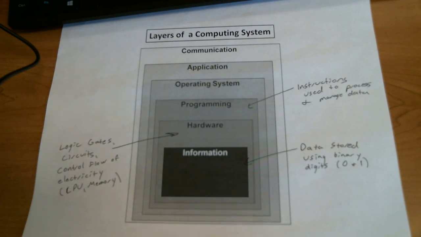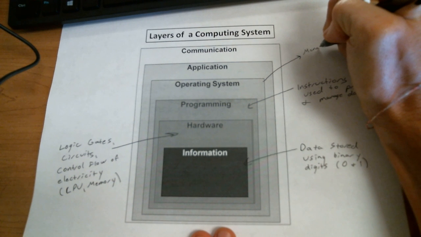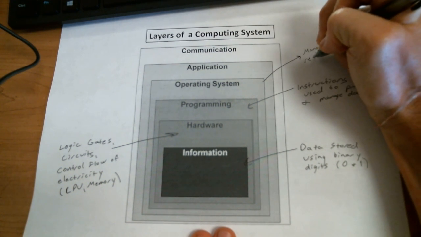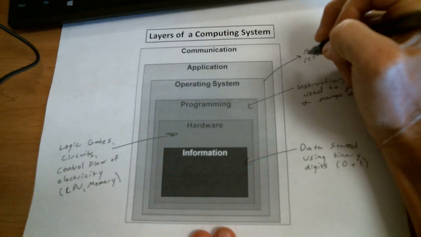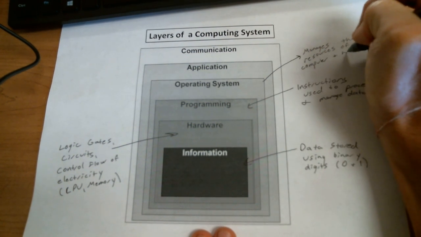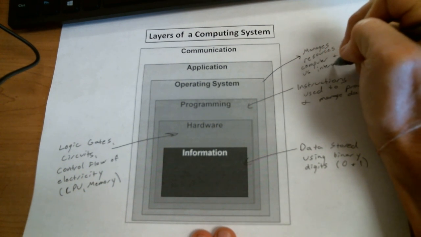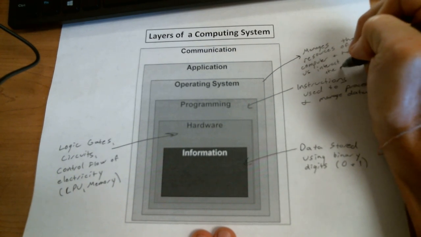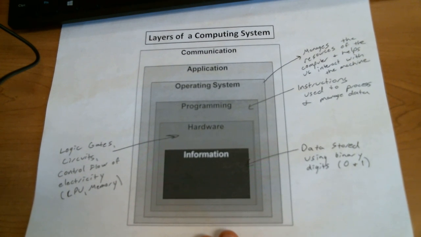It manages the resources of the computer, and that might be memory, CPU, things like that, and helps us interact with the machine. It would be a lot harder to do everything you do on a computer if it didn't have some sort of operating system.